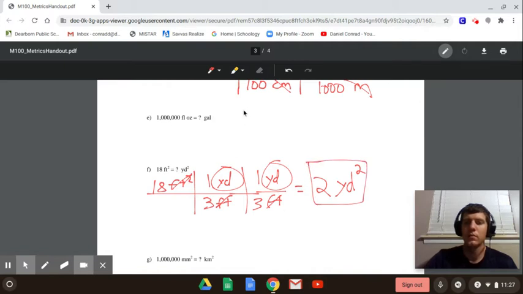And that makes sense because if you think of 18 square feet, every foot has 3 yards.